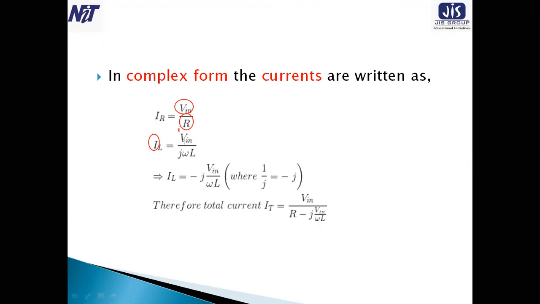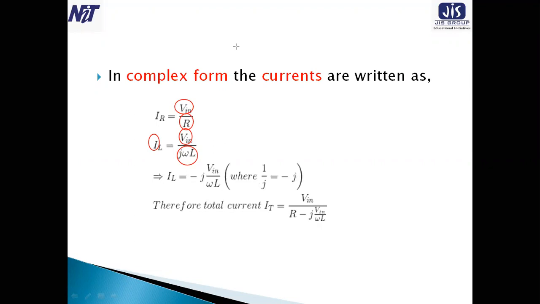IL equals V in divided by J omega L, where omega equals 2 pi F. So IL is equal to minus J V in by omega L, where 1 by J equals minus J.